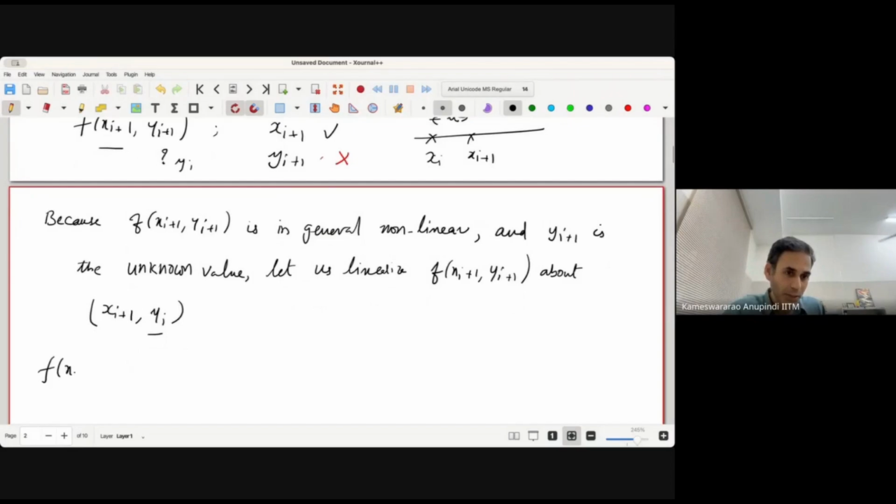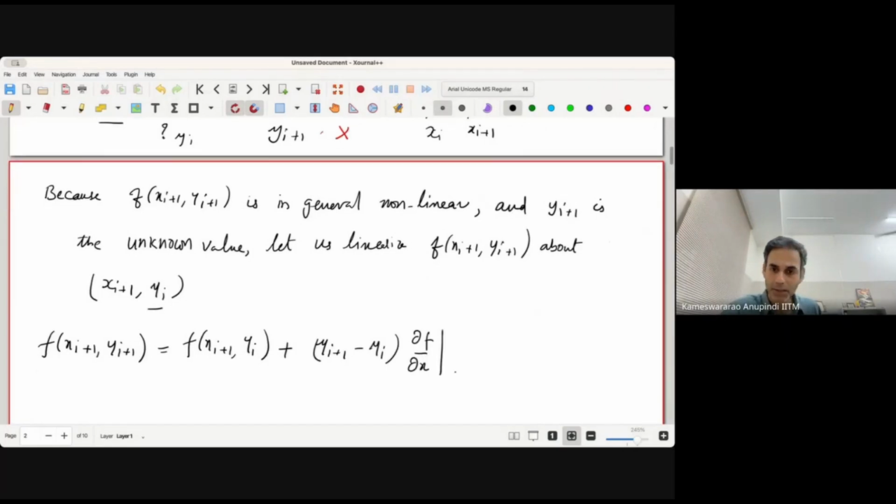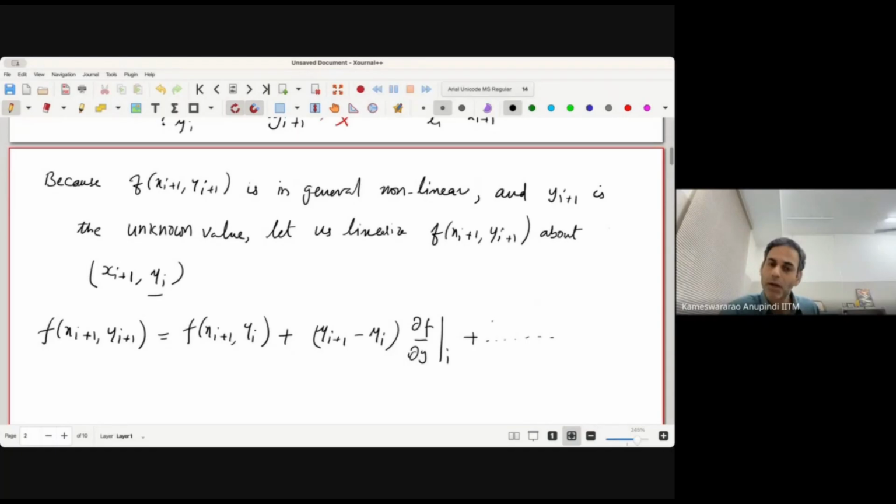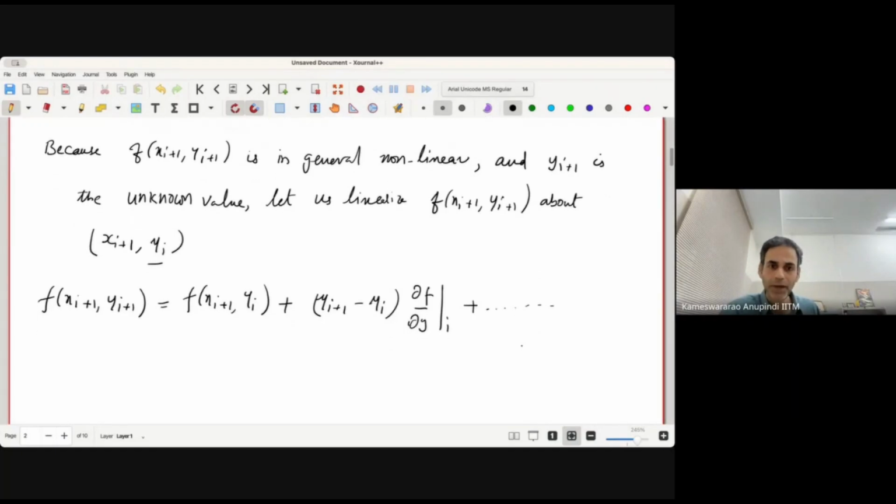If I use the Taylor series expansion for f of x_{i+1}, y_{i+1} about f of x_{i+1}, y_i, this is going to be f of x_{i+1}, y_i plus (y_{i+1} minus y_i) times partial f by partial y at i, plus and so on, right? That is what we have.